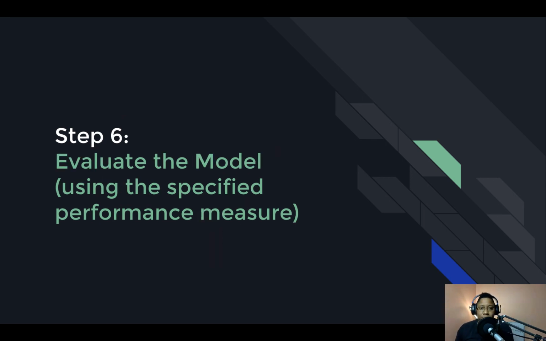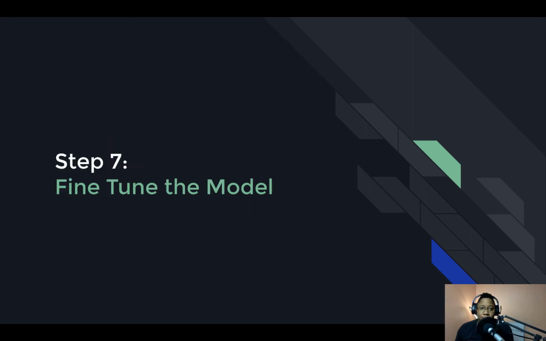Then step 6, you want to evaluate this model that you've now just trained using the specified performance measure. Step 7, like most models you'll encounter, except for maybe the ones you use with toy data sets, such as the Iris data set, Titanic data sets, stuff like that.